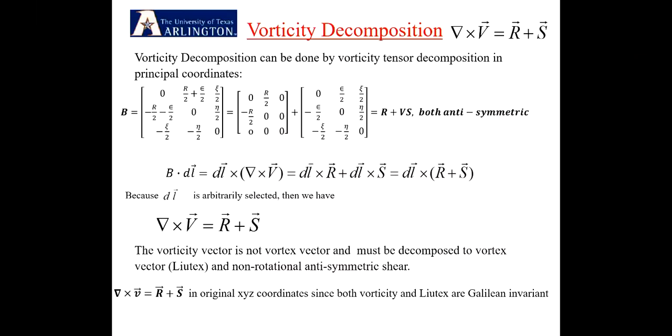Which one? S, shear. Shear is anti-symmetric, right? Then I want to know how a non-anti-symmetric S comes out from an anti-symmetric B.